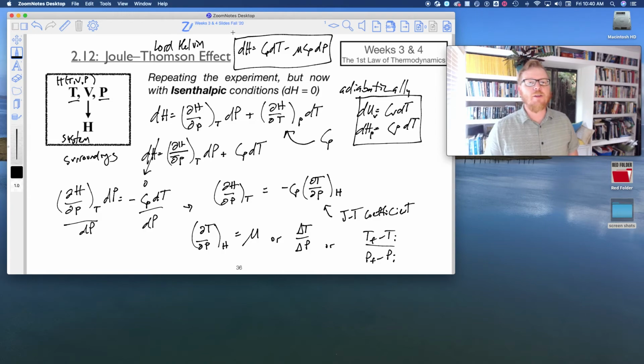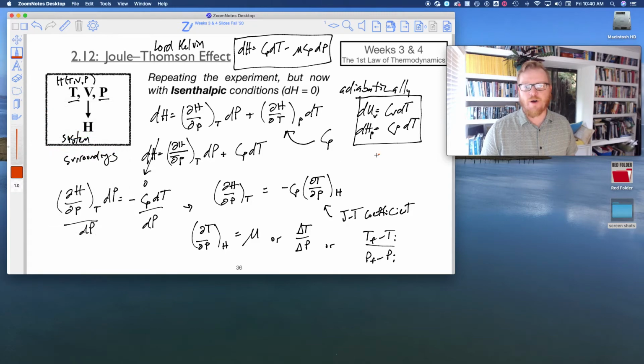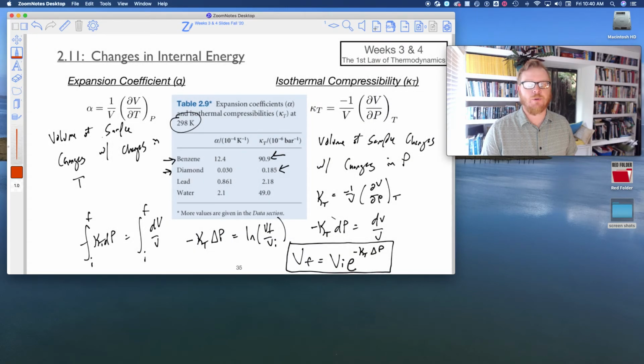Another thing that's very cool that manifests out of this is that we can see some natural variables. And those natural variables are the following. H is a function of T and P. What about U? Let's go back and look at that expression for U. Where did it go?